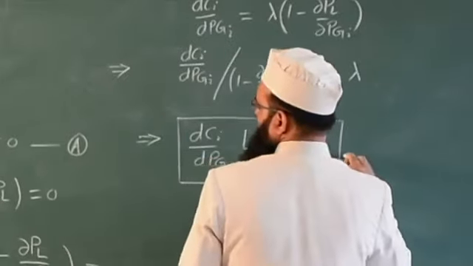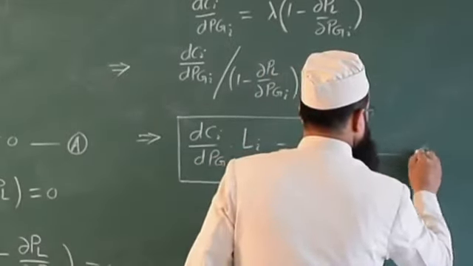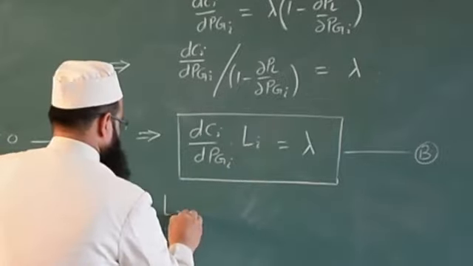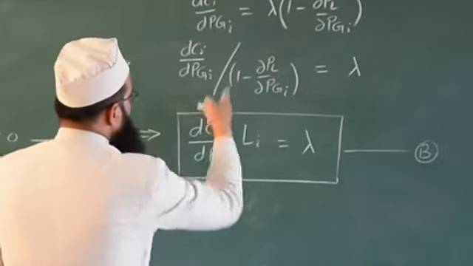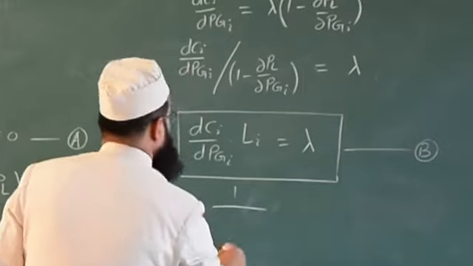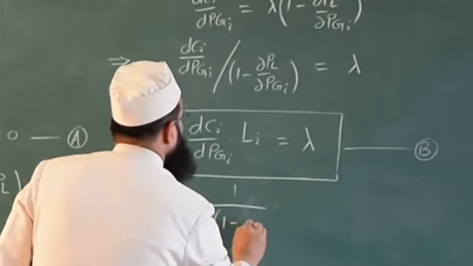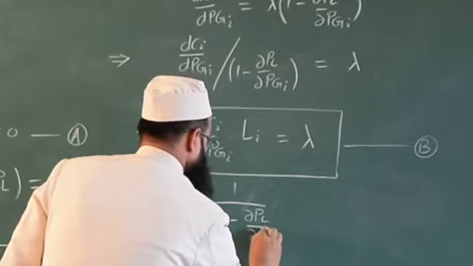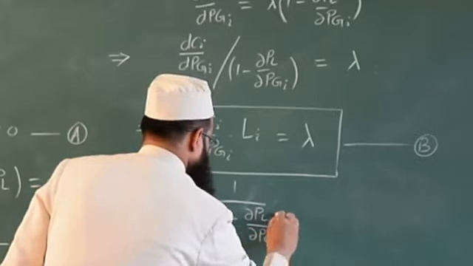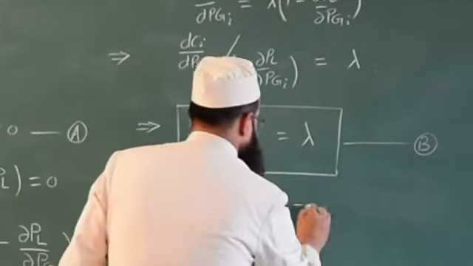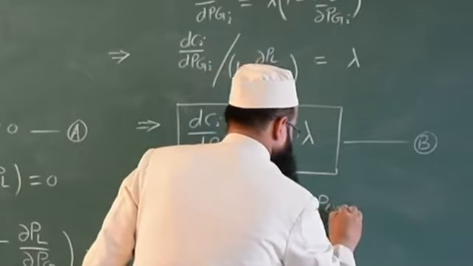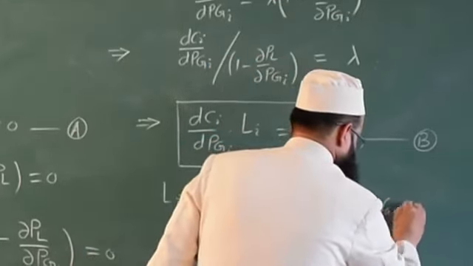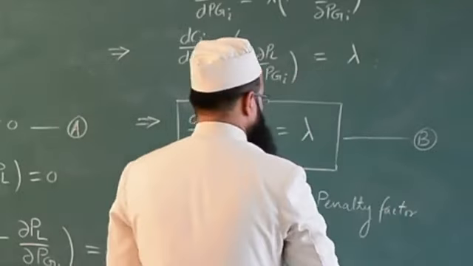Let us denote it by equation D, where Li can be written as 1 upon 1 minus del PL upon del PGi. This is known as the penalty factor at ith plant.